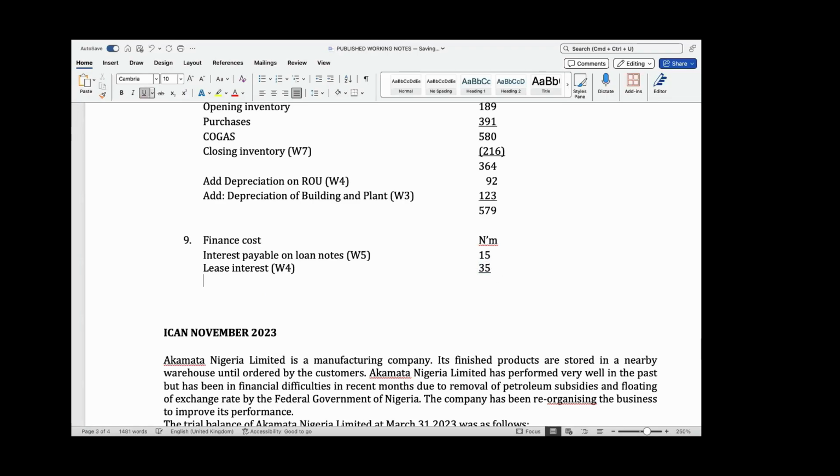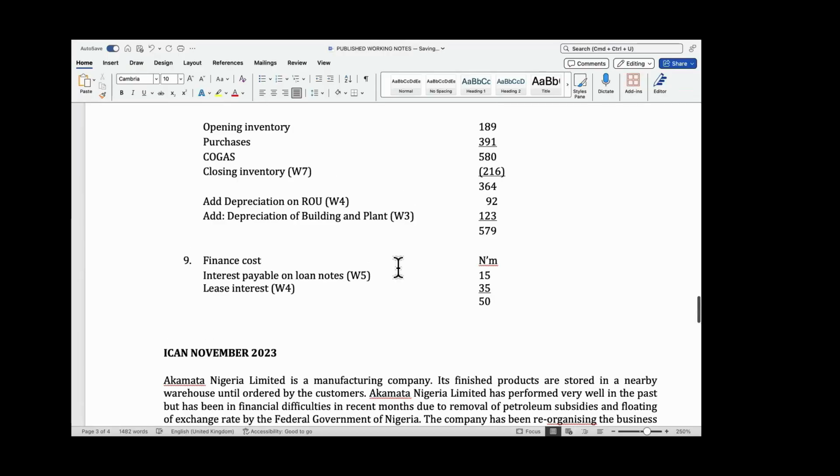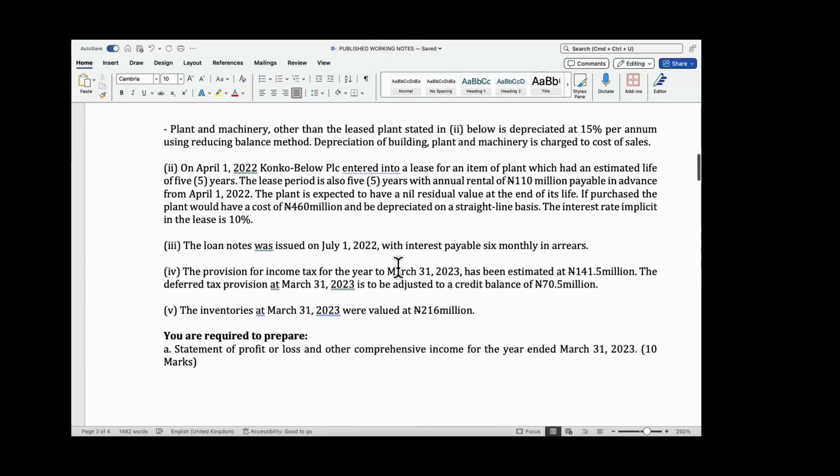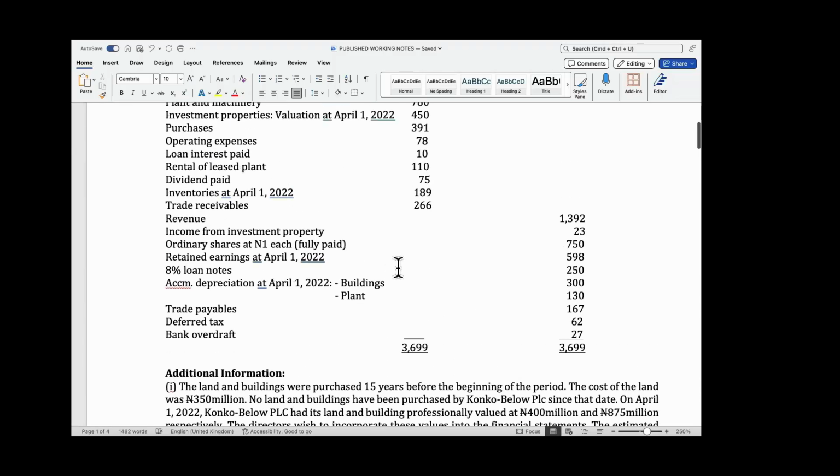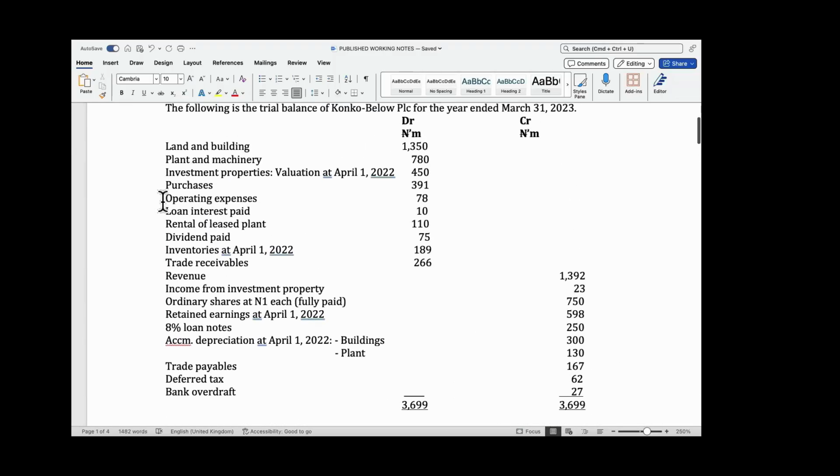If I add the two together, it gives me 50.